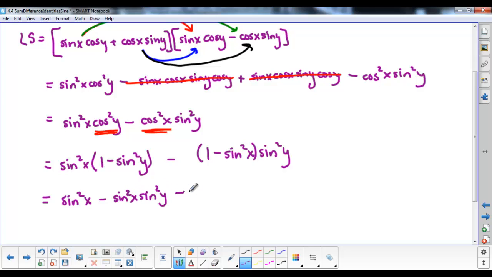Minus, now we are going to do the distribution here, but I'm just going to keep all of our work in a bracket because eventually we're going to have to distribute this negative sign into our work. So 1 times sine squared y, and then negative sine squared x times sine squared y.